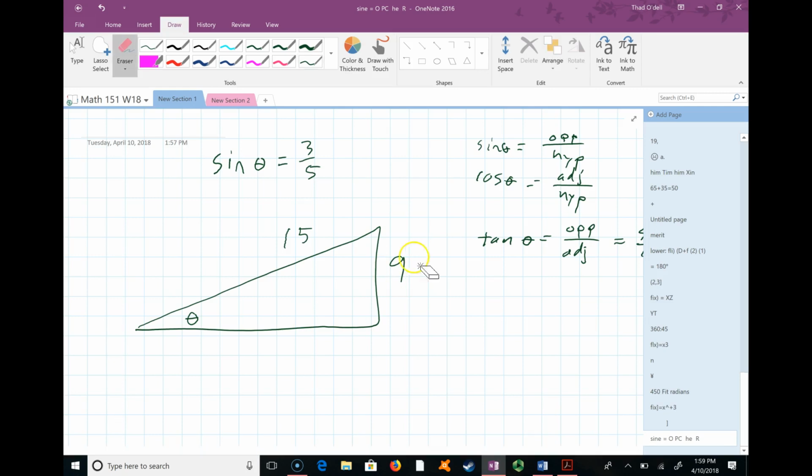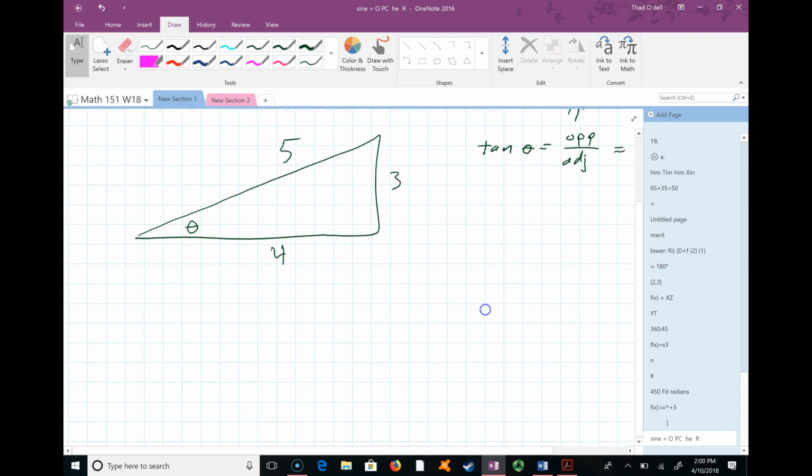However, one thing to observe is, let's say that they were 3 and 5, and then we could use the Pythagorean theorem to find out that that would make this 4. And let's compare one. So this is also sine of theta equal to 3/5.